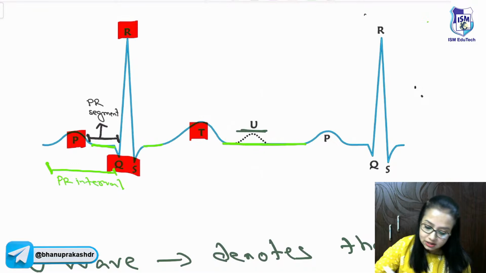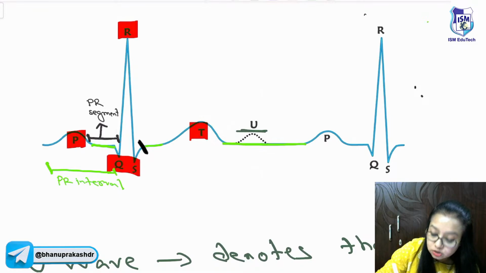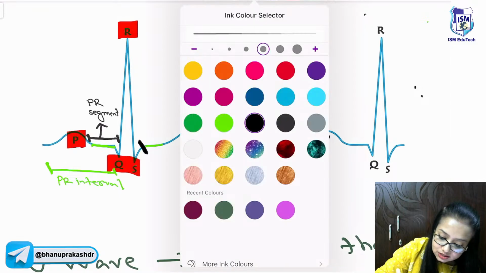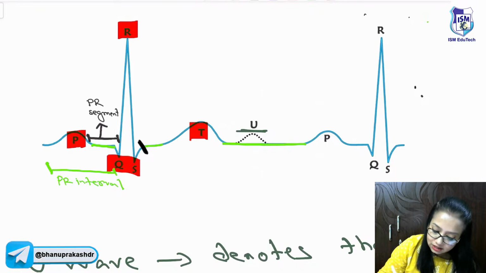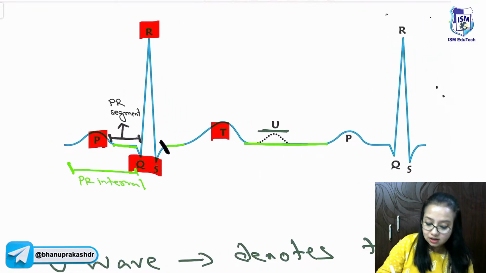Okay. Similarly, clinically, another important point that we'll be discussing very soon is the point where the S wave ends and another stretch of this straight line begins. Where the S wave has ended, there is a straight isoelectric line, as I have shown in the green.